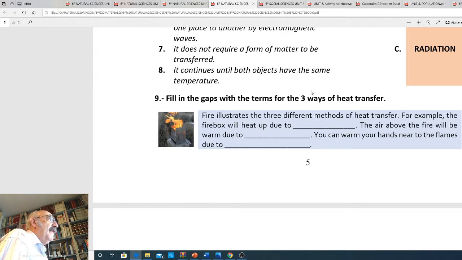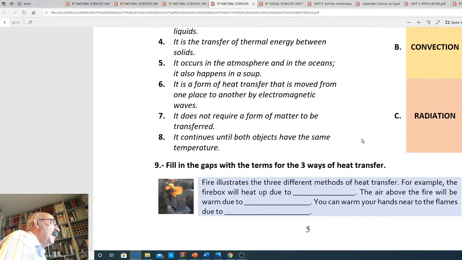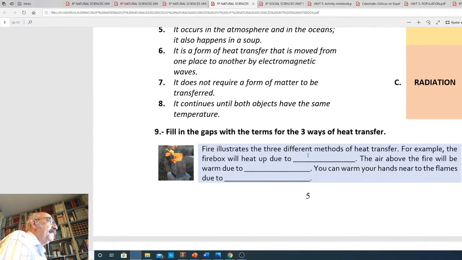Number 9, fill in the gaps with the terms for the 3 ways of heat transfer. So we need to place conduction, convection, or radiation in its correct order. Fire illustrates the 3 different methods of heat transfer. For example, the firebox will heat up due to, so this is the firebox, and inside you have fire. They are in contact. The fuel, maybe wood, inside is in contact with the firebox.